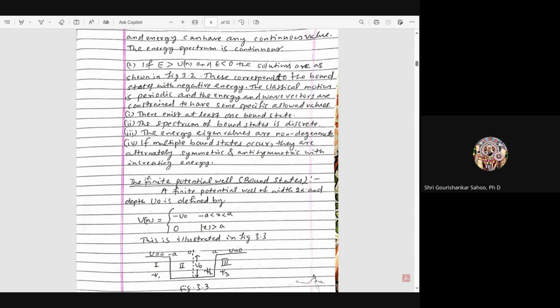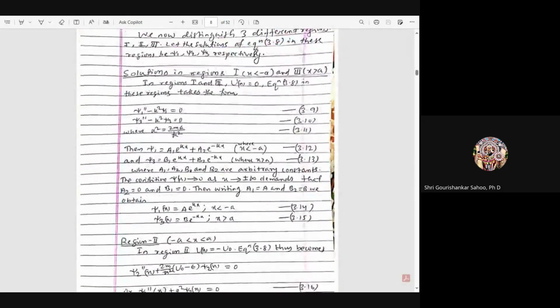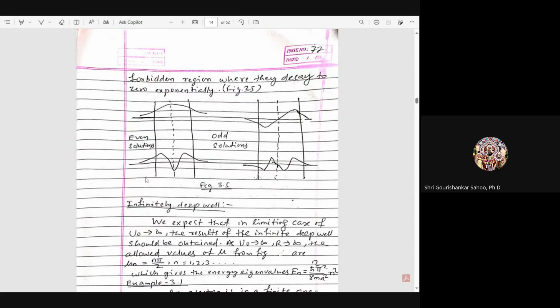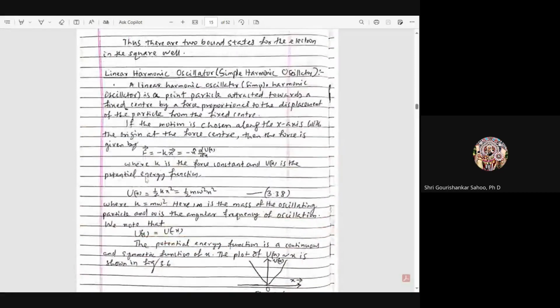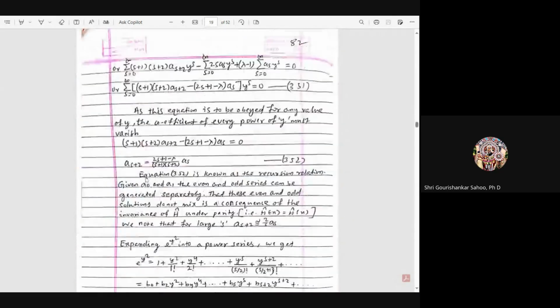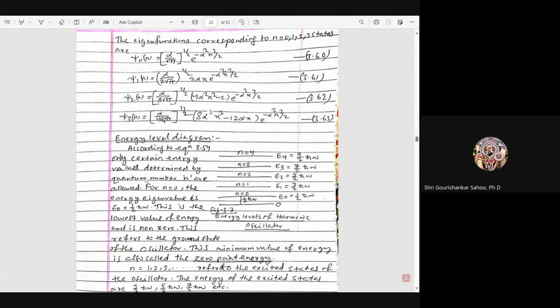So we have some problems. The finite potential well or bound state and its solution. The graphical solution and energy eigenfunctions and that of the infinite well. Then the linear harmonic oscillator or simple harmonic oscillator problem and its solution. Then the energy level diagrams.